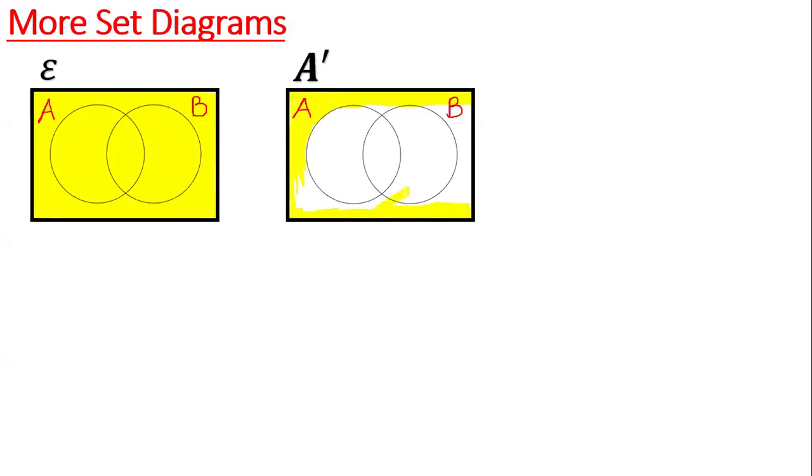So all of this, all of this, but not including set A. All of this, and then this as well.